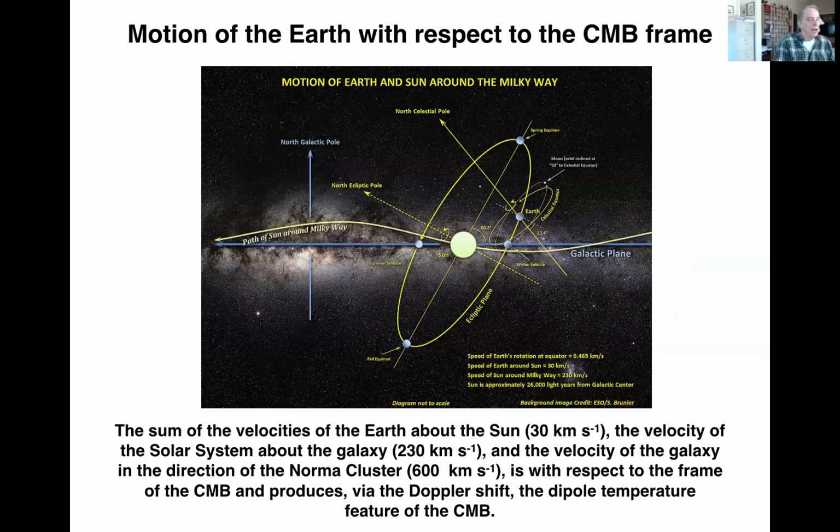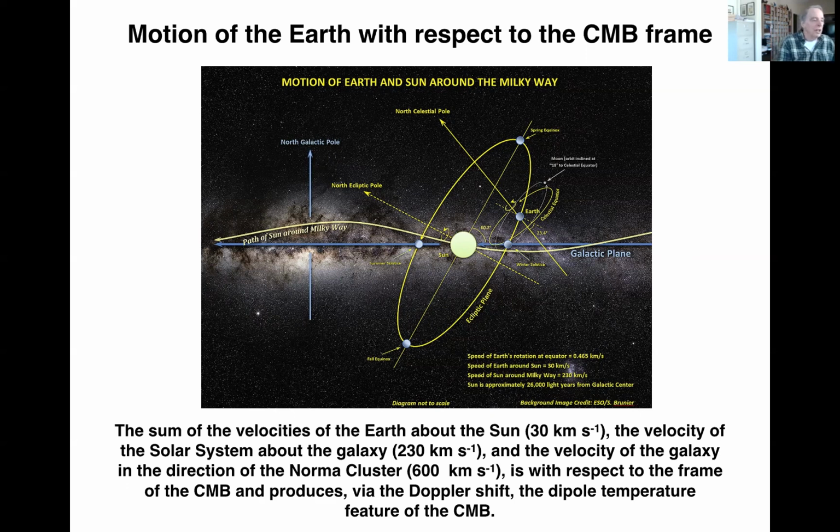And that's due to a lot of things. The Earth rotates, it orbits about the sun, as you can see in that tilted circle there. In the meantime, the sun is orbiting around the galaxy with a speed of about 230 kilometers per second. So that gets combined with the speed of 30 kilometers per second of the Earth's orbit about the sun in a way which depends on the two different directions.